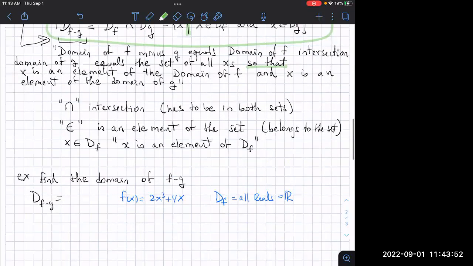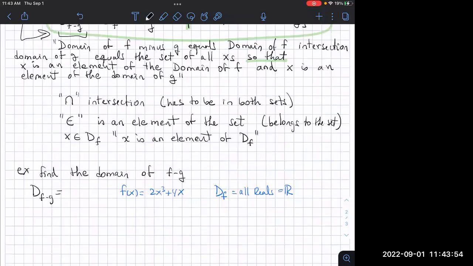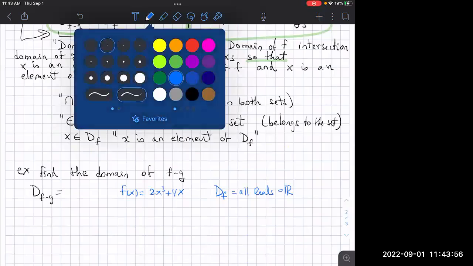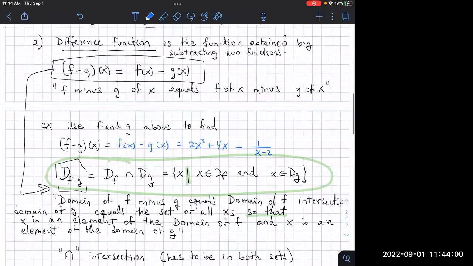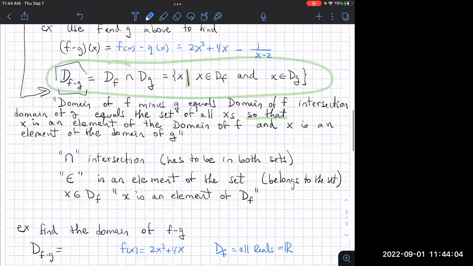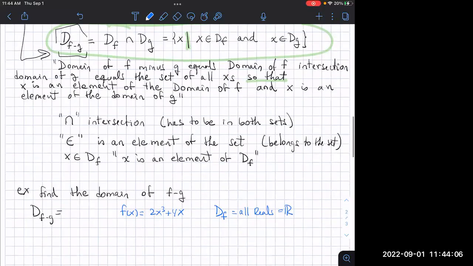Yes. Okay. So we introduced the difference function and then the definition of the domain of the difference based on the domain of the parts. And so we have an example.